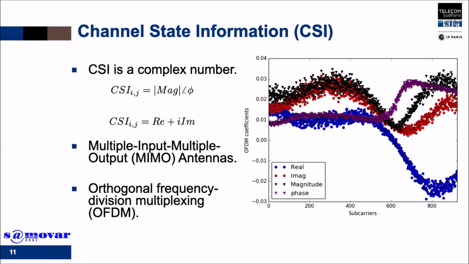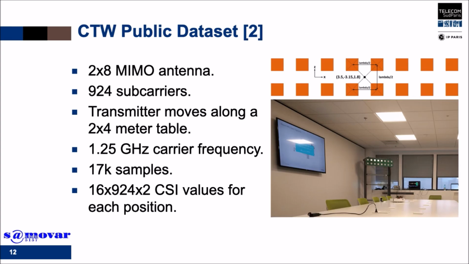In this figure, we show the variation or different values for the four components for around 900 subcarriers. So the communication theory workshop prepared an indoor experiment where a 2x8 MIMO antenna found in the corner of this image is set up where 924 subcarriers are used, and there is a white box which represents the transmitter that is moving along a 4x2 meter table.